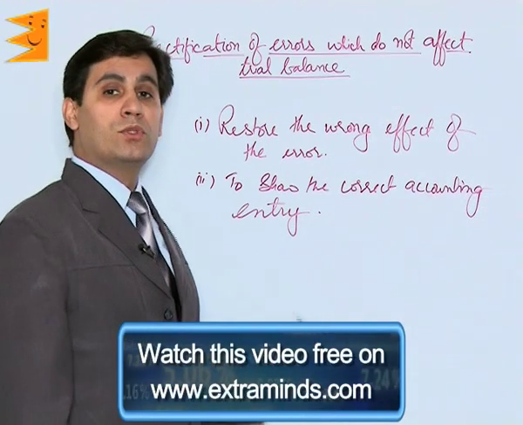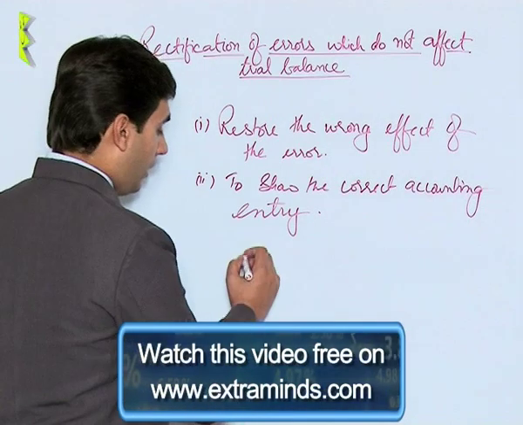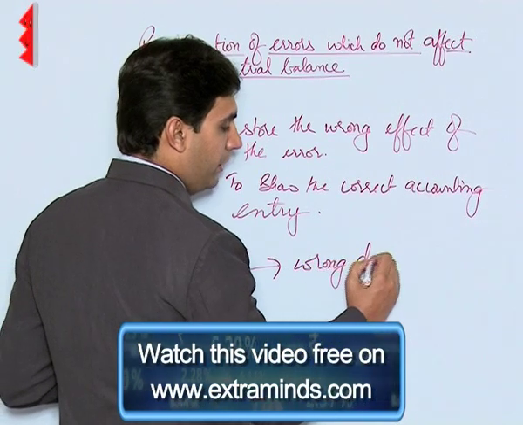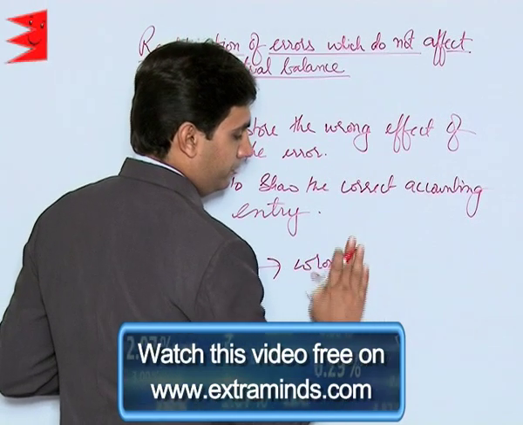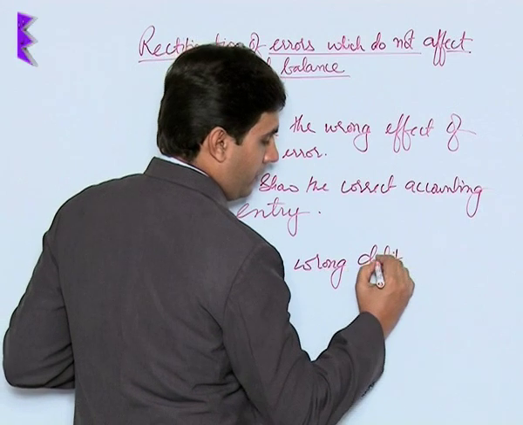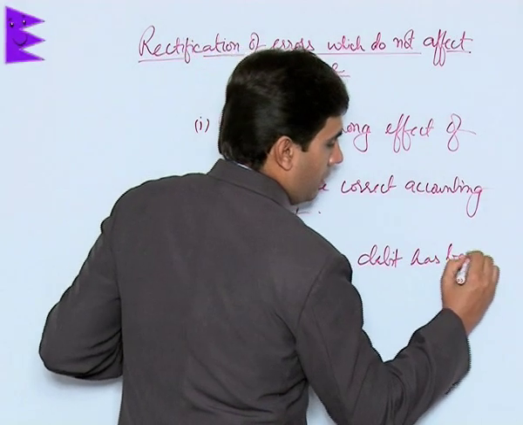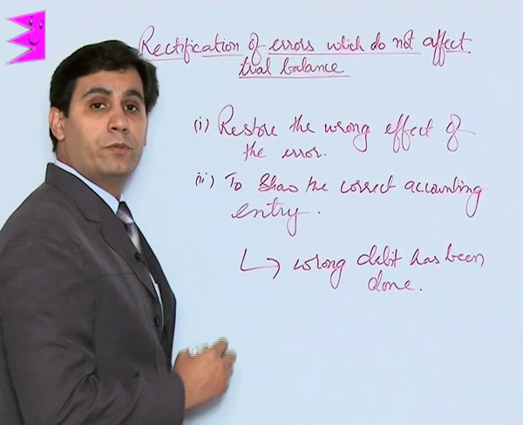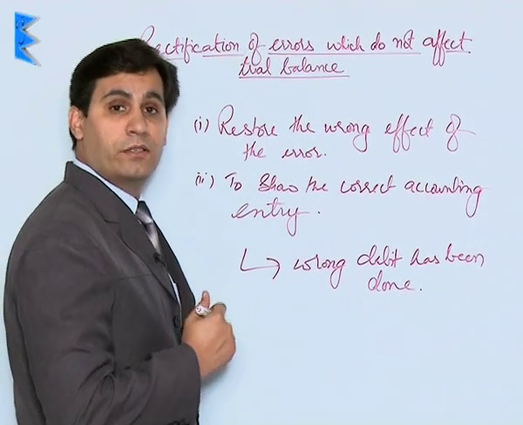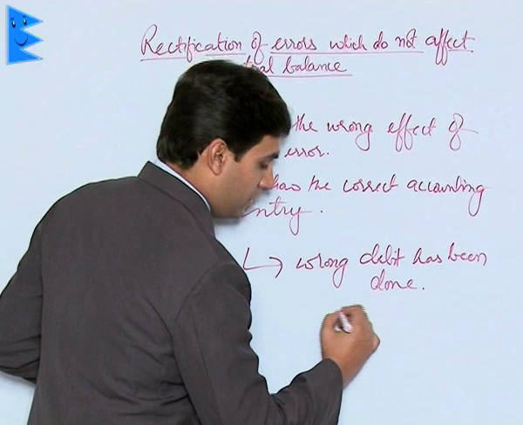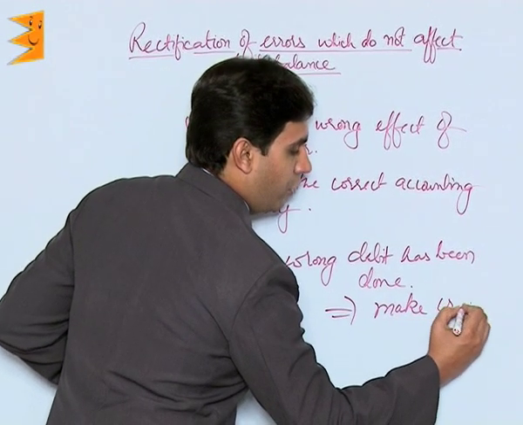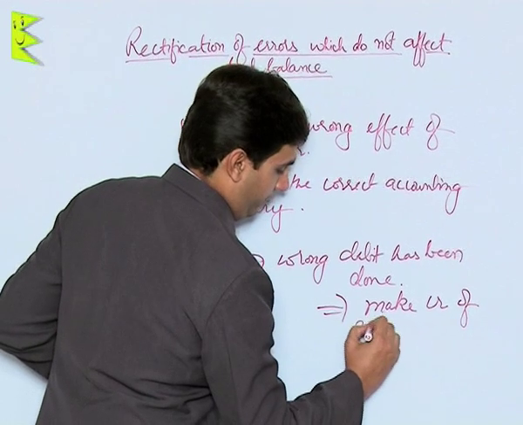Now this involves two steps, that is, if any wrong debit has been done, so now what to do? This wrong debit should be cancelled by making a credit of equal amount.